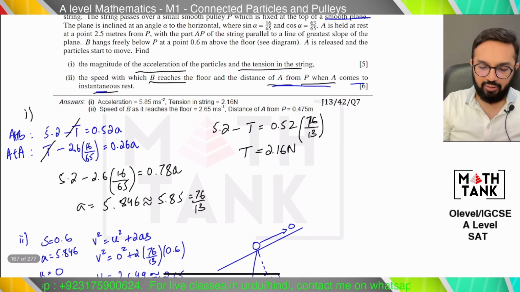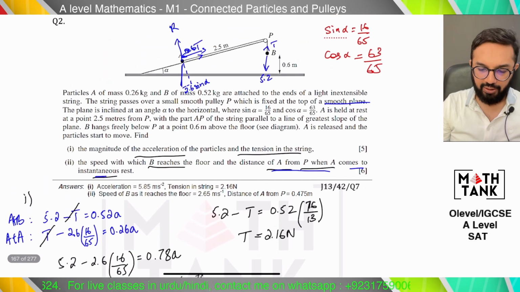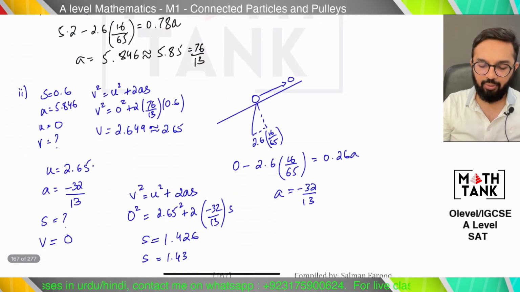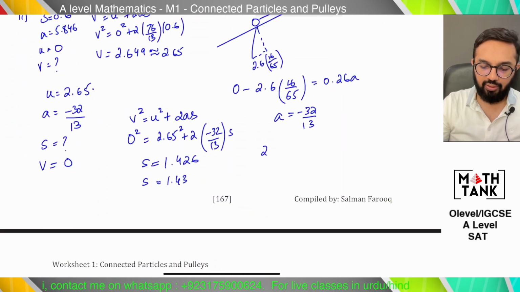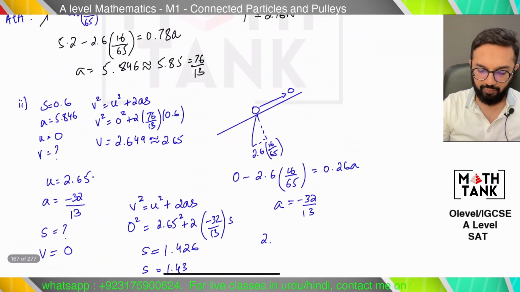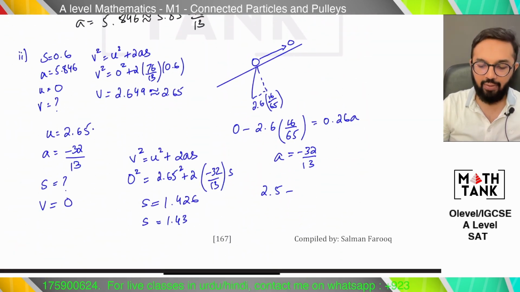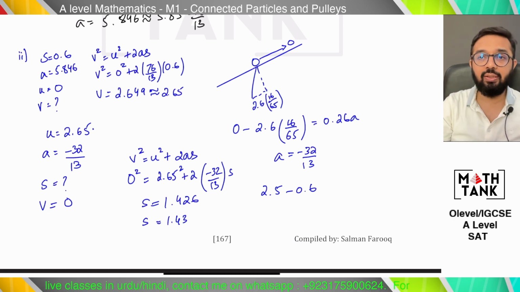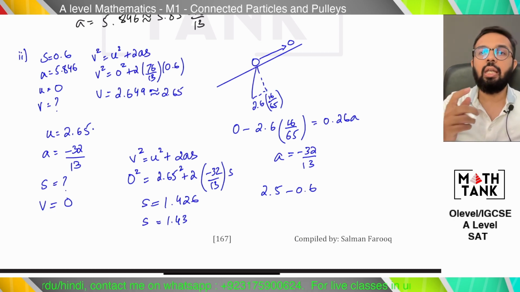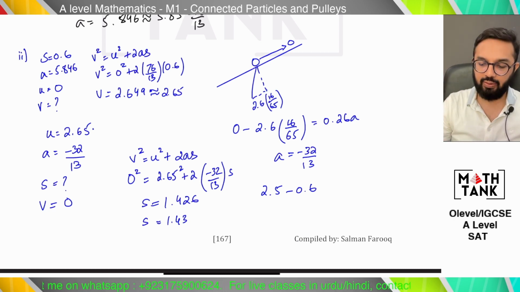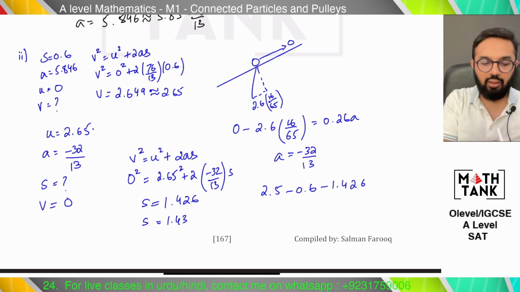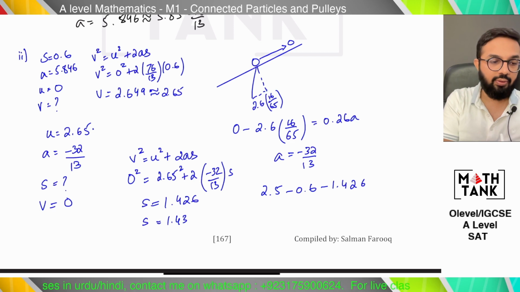It says what is the distance from A to P. So I'm going to say that the original distance was 2.5. First, it traveled the 0.6 with the system when B was hitting the floor. A was also moving forwards 0.6 there, and then 1.426 here. Okay, let's see if we get the correct answer.